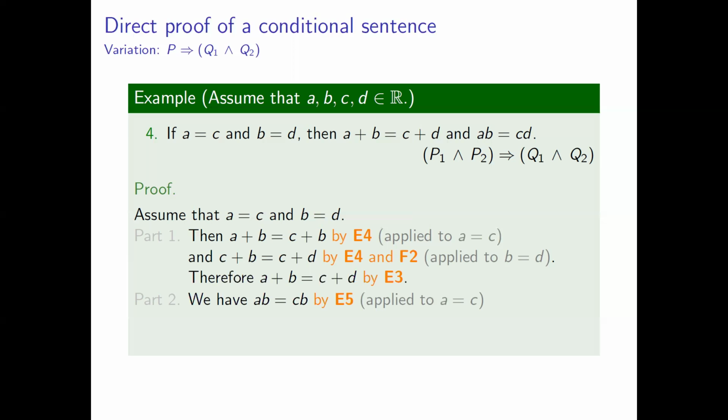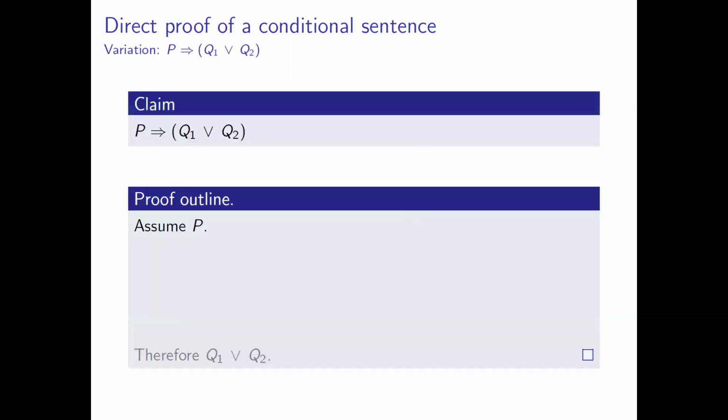This time, applying the multiplication property to the statement A equals C gives us A times B equals C times B. And applying it to B equals D, together with the commutative property of multiplication, gives us C times B equals C times D. Hence, by the transitive property of equality, A times B equals C times D. This completes the second part of the proof and completes the proof of the claim.